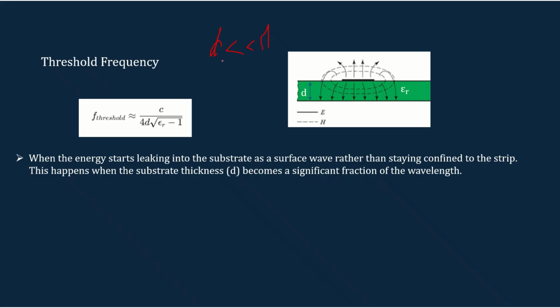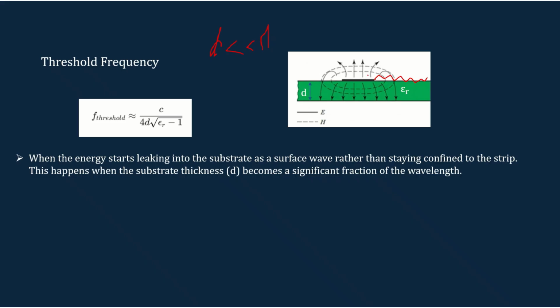At that time, these waves will cause some type of surface waves. Because of these surface waves, the wave propagation will not be purely Quasi TEM, because it will have a combination of surface waves and Quasi TEM waves.